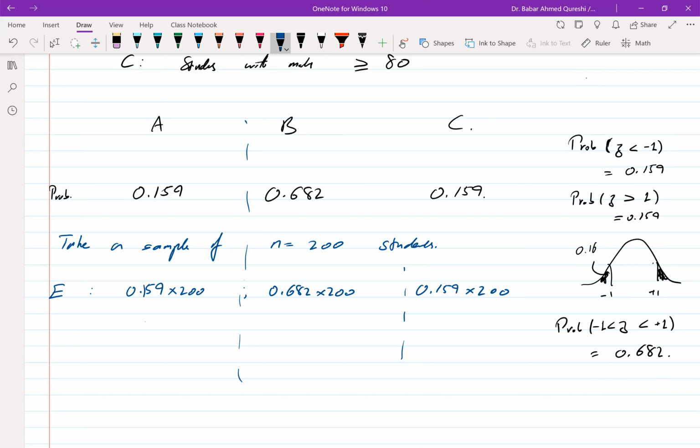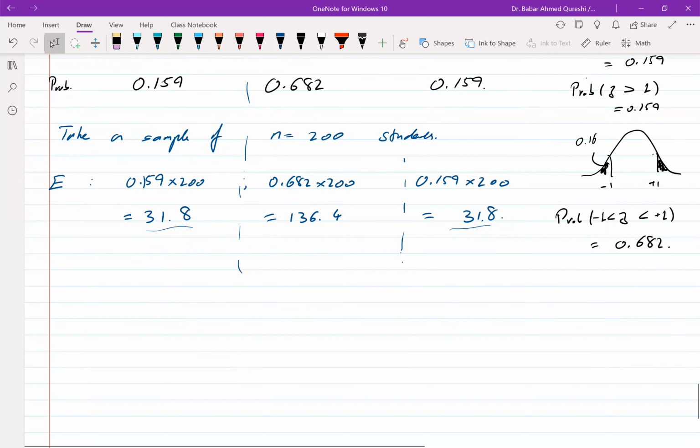So this is 31.8, this is 136.4, and this is 31.8. That's what I expect. Since the normal distribution is symmetric, with one deviation on one side and the other, I'm expecting the same number.